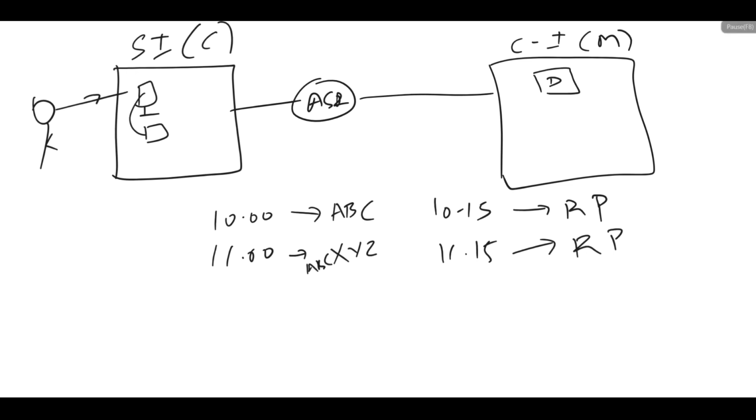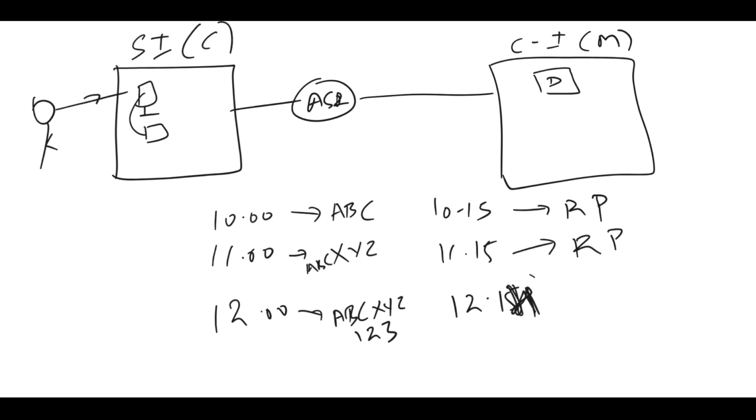Now let's say at 12 o'clock, I am writing some data, which is ABC, XYZ, and 123. Before reaching 12:15, I have a disaster. Let's say my entire Chennai region goes down at around 12:14.